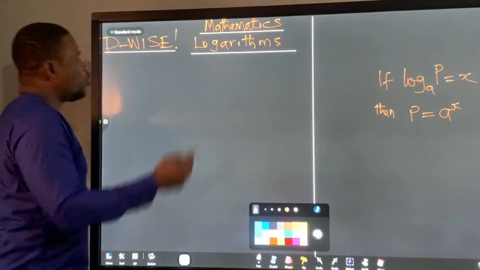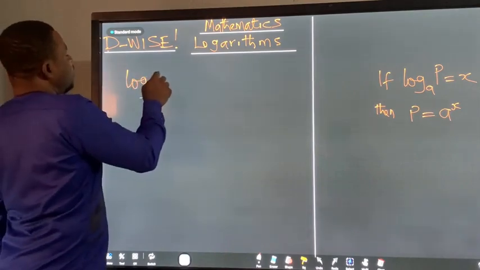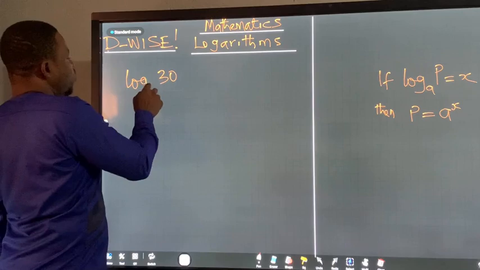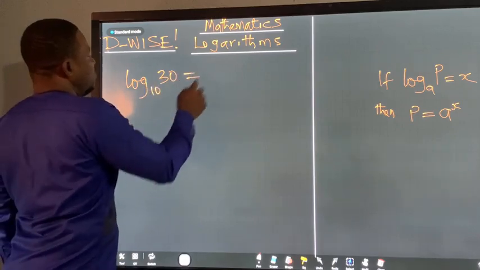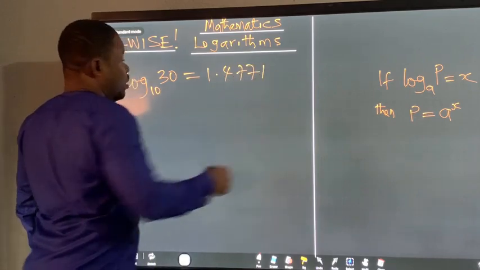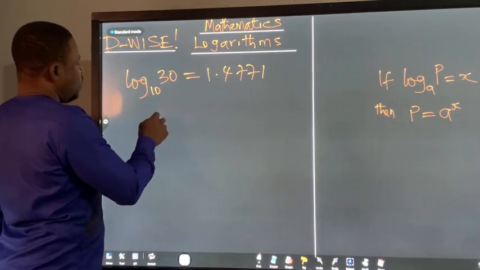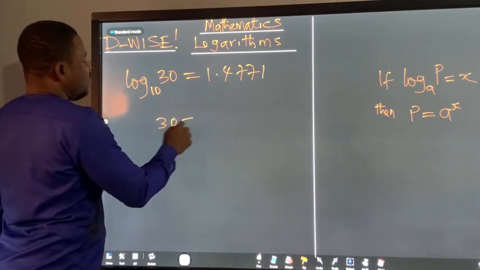Okay, so if for example I have log 30 to base 10, which I know is going to give me 1.4771 approximately.